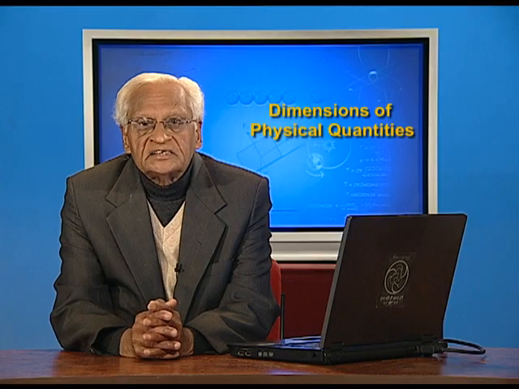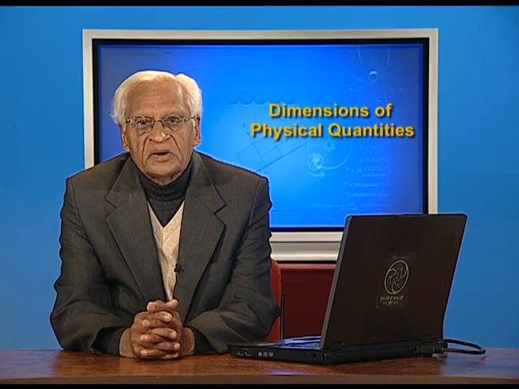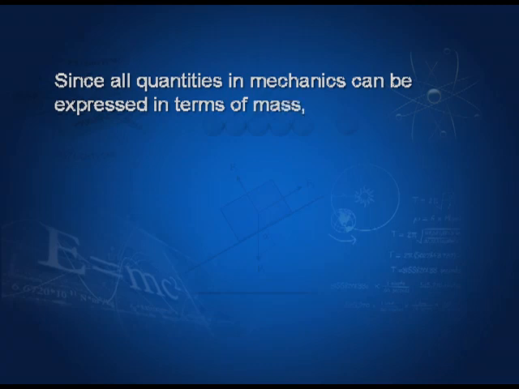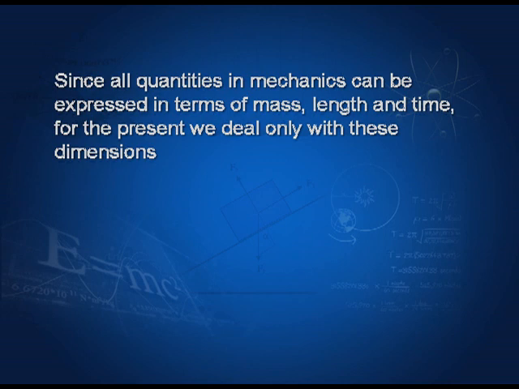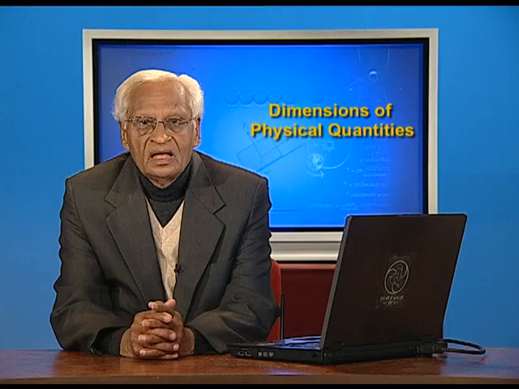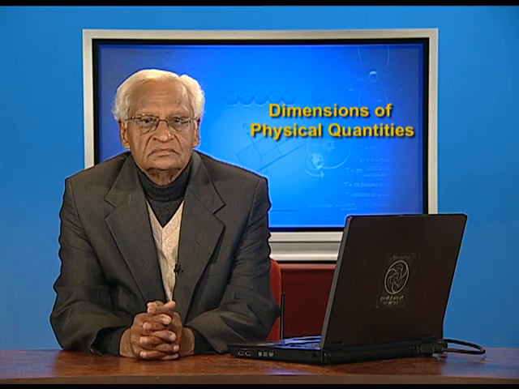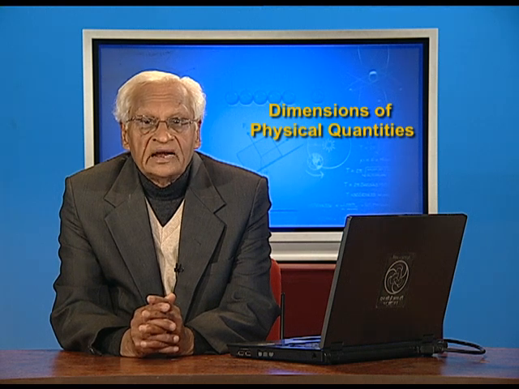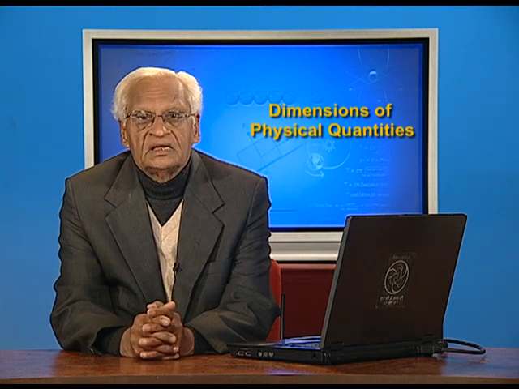Since all quantities in mechanics can be expressed in terms of mass, length and time, for the present we deal only with these dimensions. And here is a word of caution. Remember that dimensions are not the same thing as units.